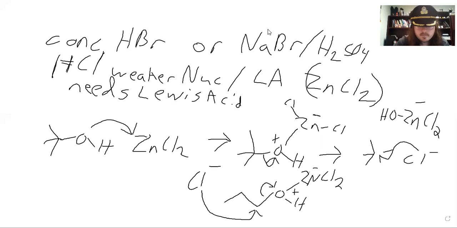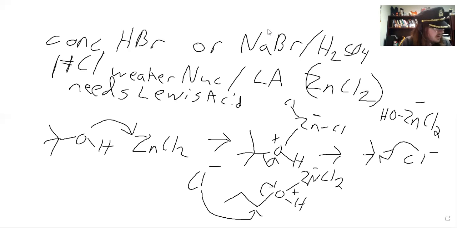I don't think that it's really too complicated. It's just an SN2. It's just because chloride is a weaker nucleophile, we need a little bit of a helper to help along.